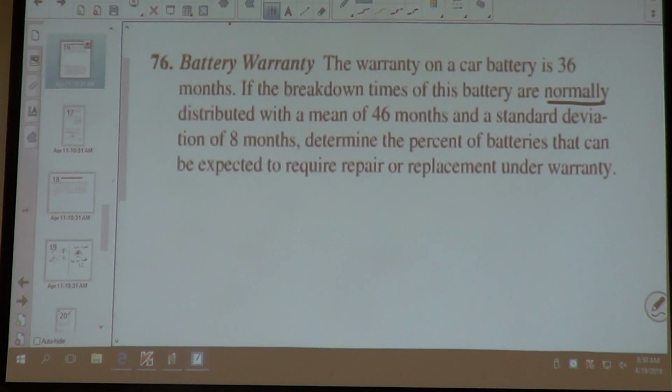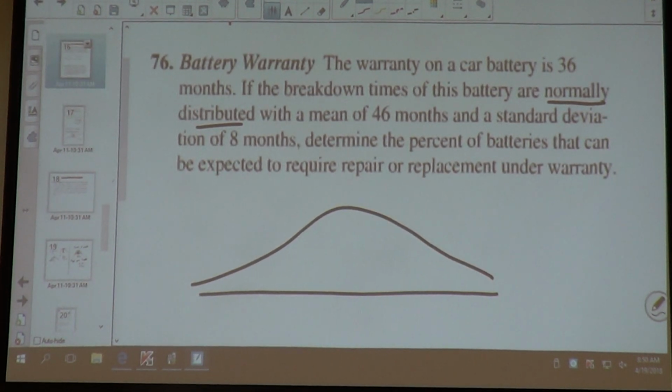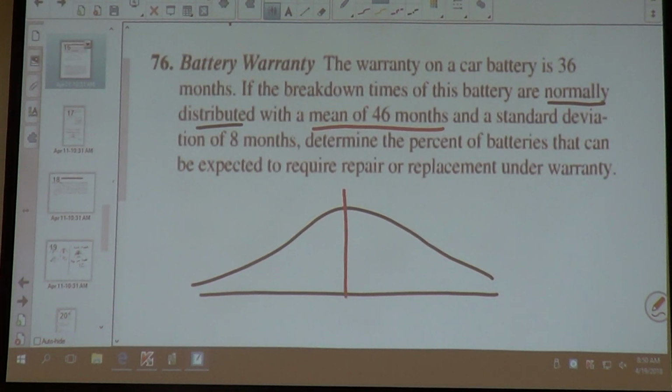So this is saying normal distribution. The mean is 46 months. The standard deviation is 8 months. Are you with me so far? The only other number is 36. So that's our data point. 36 is to the left of 46 because it's smaller.